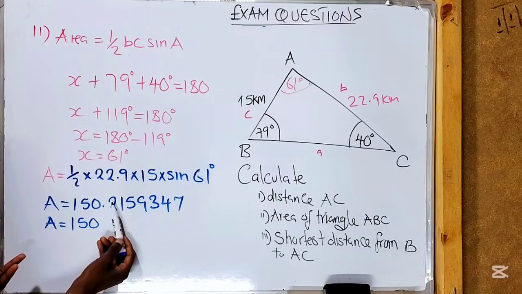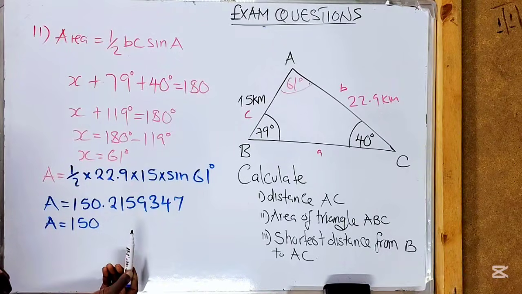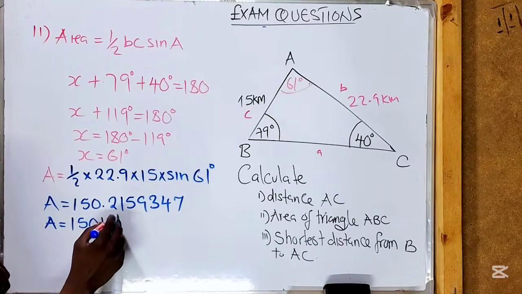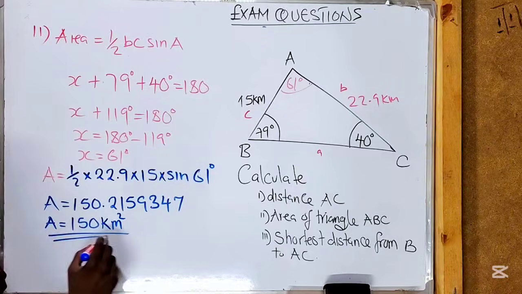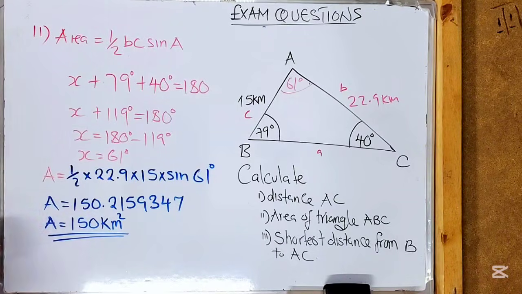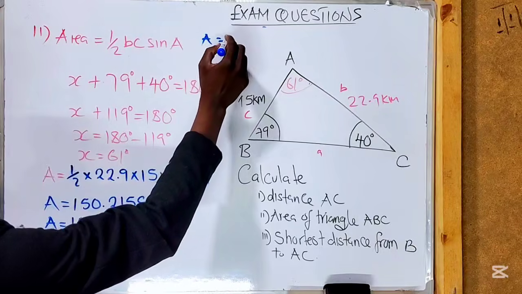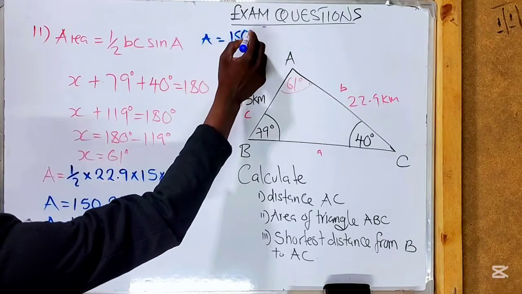After this 0, there is a number which is less than 5, which is a 2. So we do not add 1 to this one, and the units will be square kilometers. All right. So having found this, let's bring our area here. We're going to use this one somewhere when finding the shortest distance.